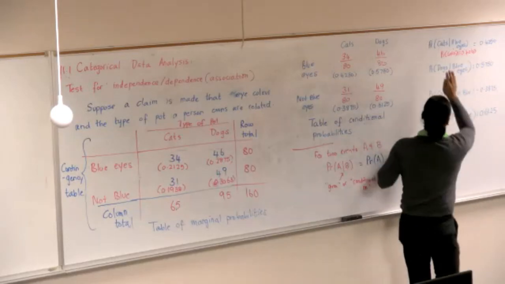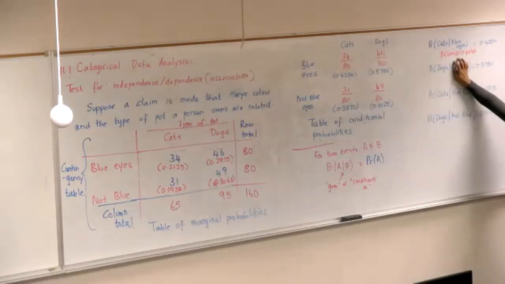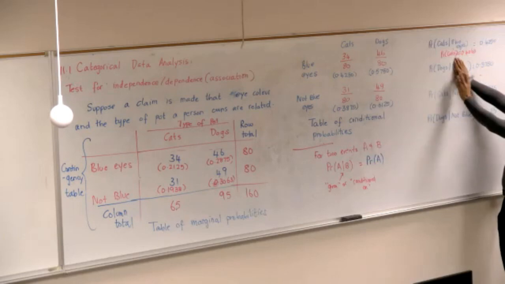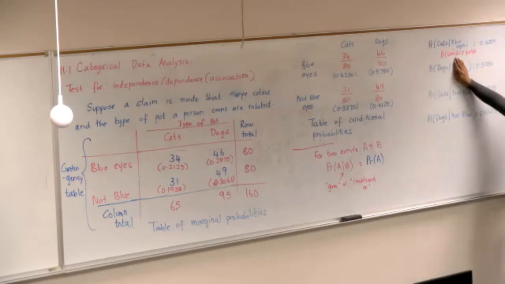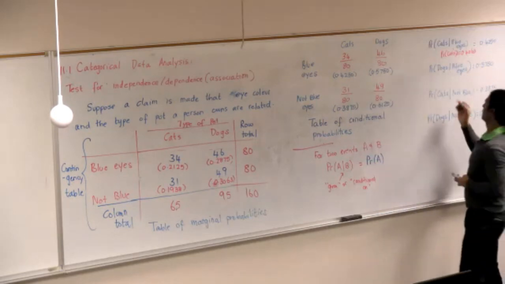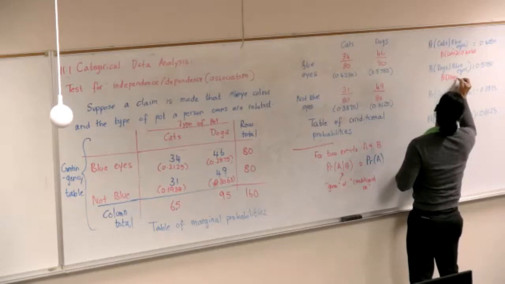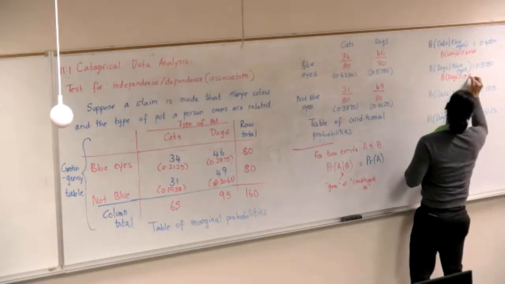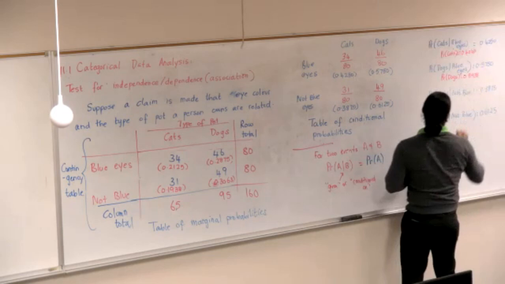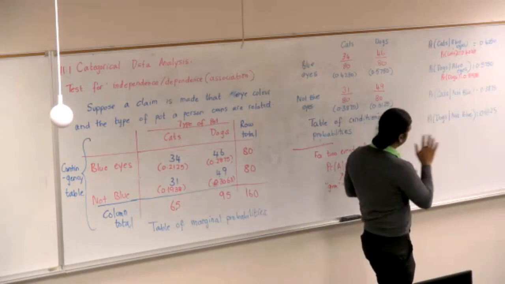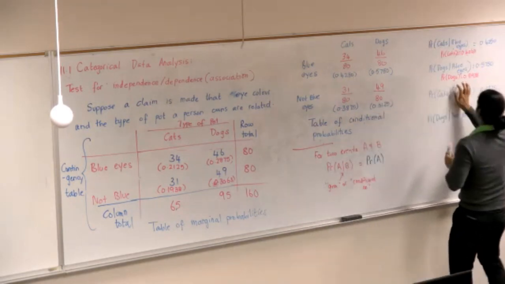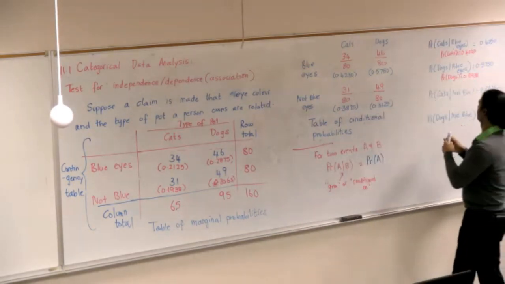Likewise, dogs given blue eyes, dogs conditioned on blue eyes. So if I hide that, we just want to find the probability of dogs. What is the probability of dogs? 0.5938. What is the probability of cats given not blue?